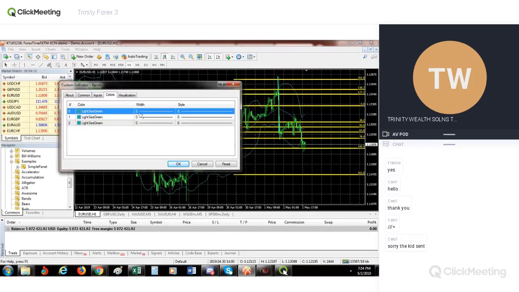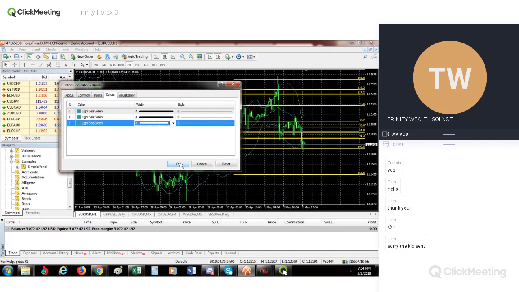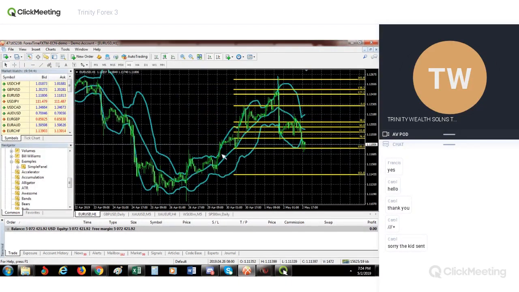Well, let me change the width to make it strong enough. Now they are clear, although they are too fat, but you can still decide.